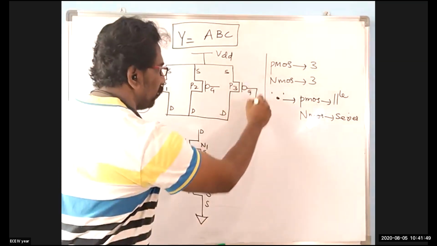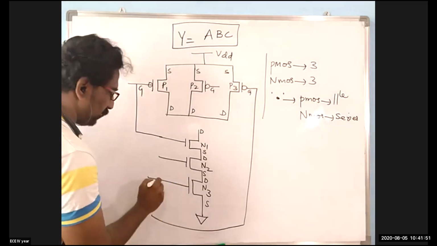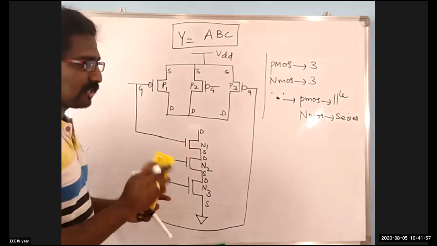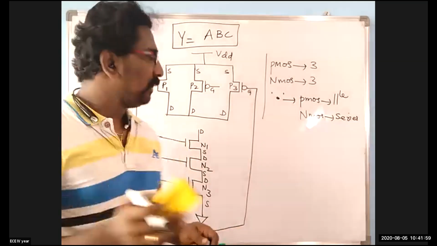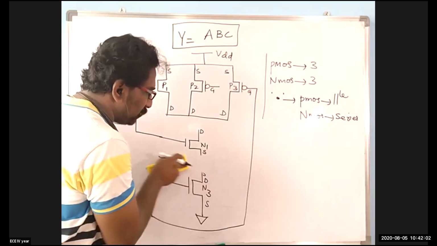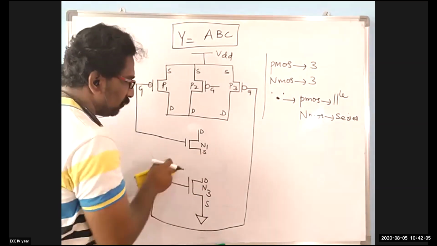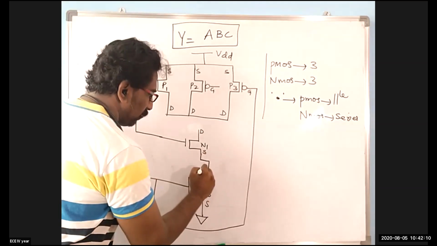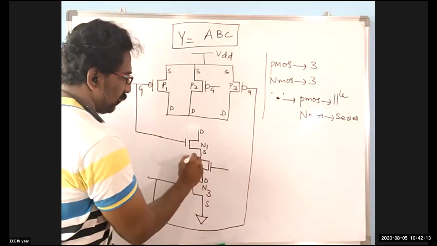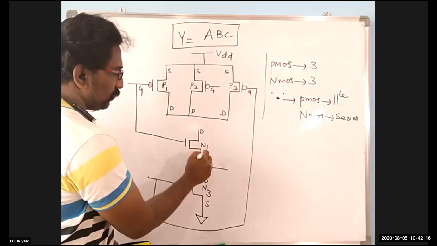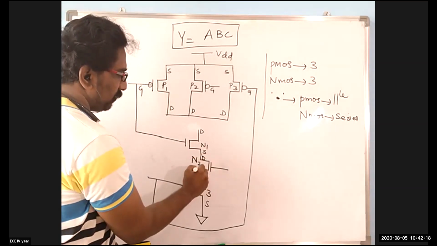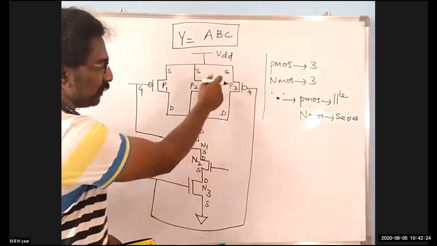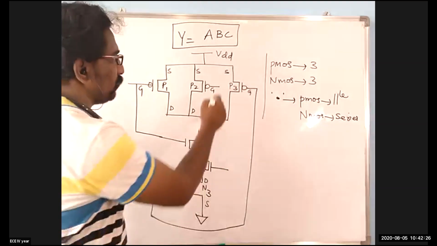First I'll connect the gate of your N3 and P3, and later, in order to make my design easy, I'm trying to flip this particular transistor. This is your N2, so this is your source, drain, and source. Why did I flip this one? Because I can make the connection of N2 and P2 very easily.